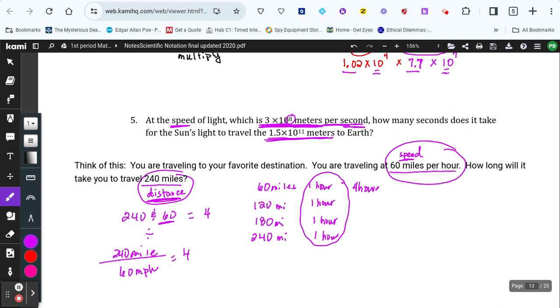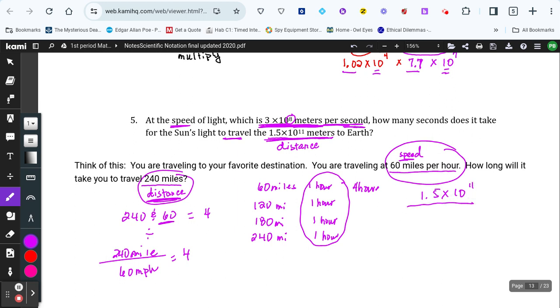So you're going to do the same thing here. You're going to take your distance that you're traveling. So you need to travel this distance. That's your distance. You're going to make sure you take your distance, which is 1.5 times 10 to the 11th meters.